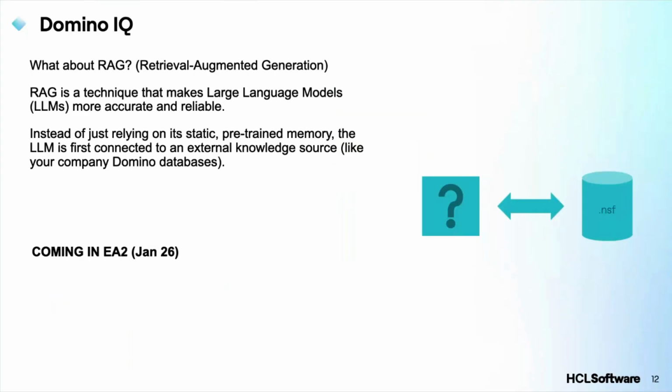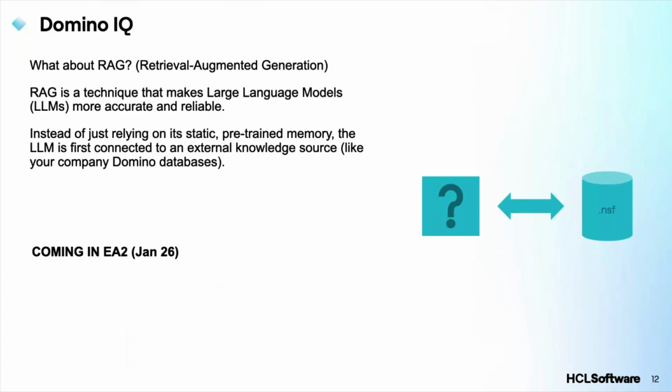Now, let's talk about the obvious, because in the early access program we are starting now, we're looking ahead at what's about to come. One of the features that I'm sure you're all waiting for is an improvement to the Domino IQ engine.